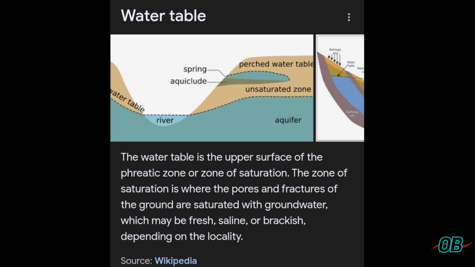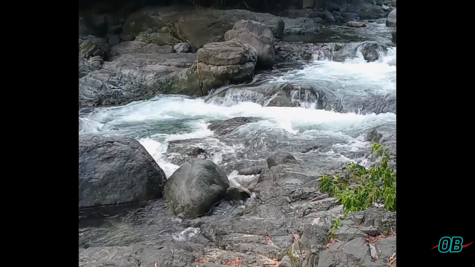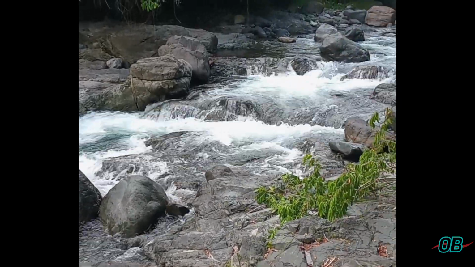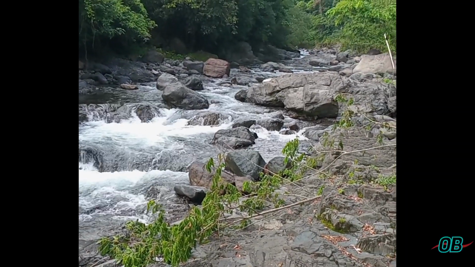This is the upper surface of the phreatic zone, or the zone of saturation. The zone of saturation is where the pores and fractures of the ground are saturated with groundwater. So the river, once we can see the river, is a representation of where the water table is.